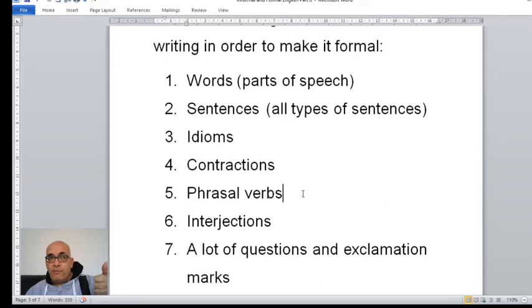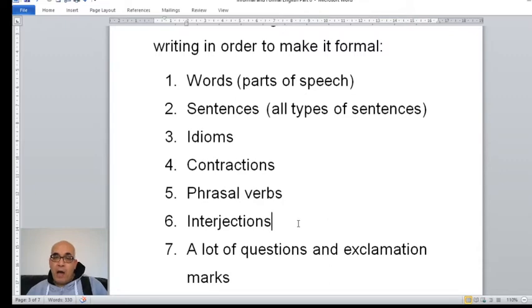So put off is informal, postpone is formal, don't is informal, do not is formal. Put off is a phrasal verb, so change it to postpone.